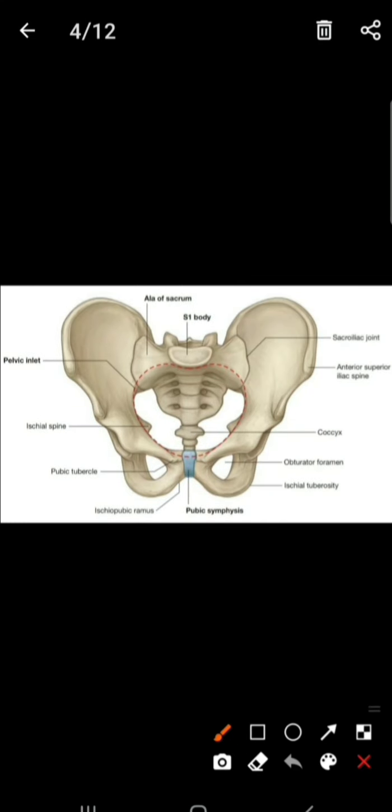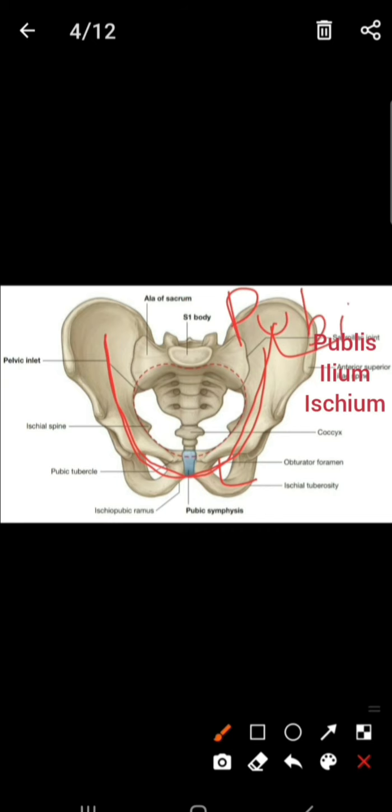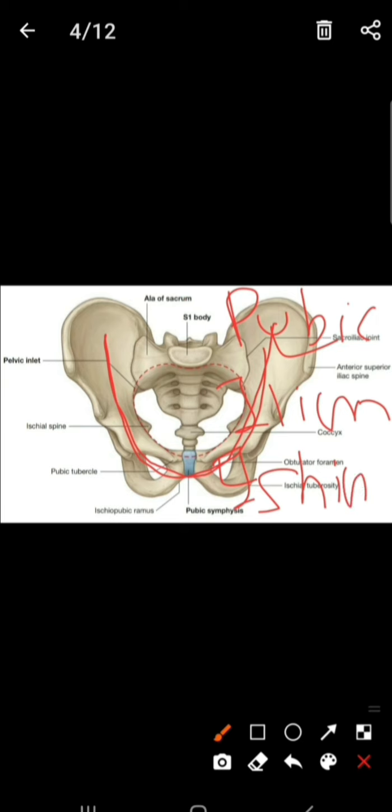Let's see, this is the pelvic bone, also known as the hip bone. It is formed of 3 bones: the ilium, the pubis, and posterior to this, the ischium.